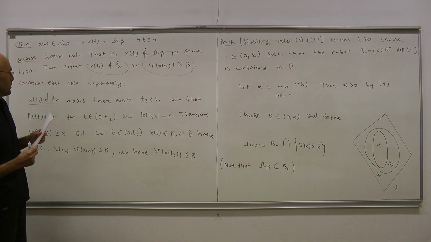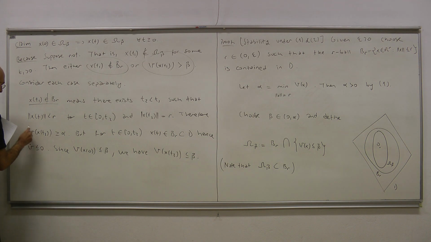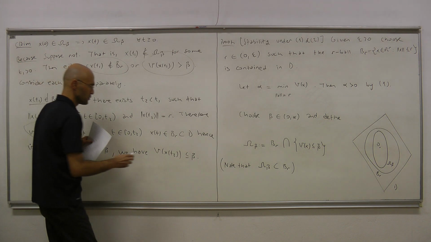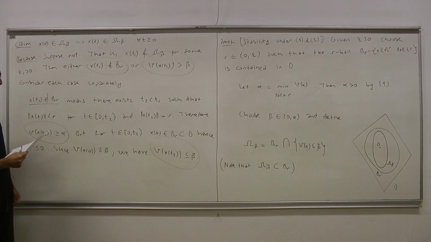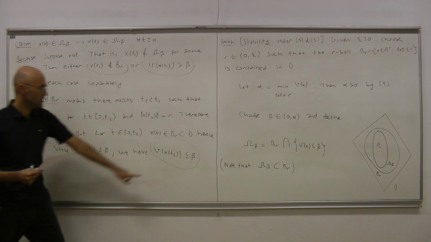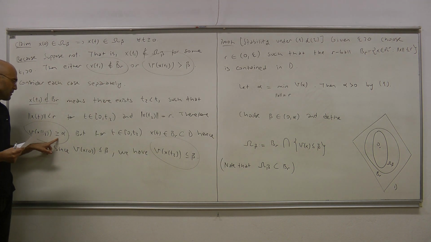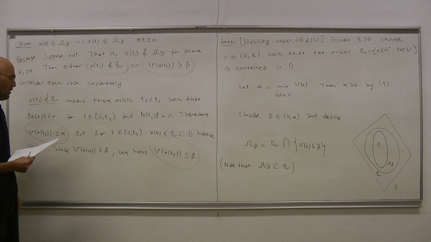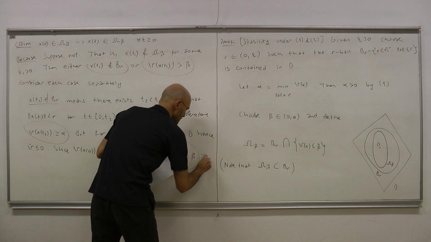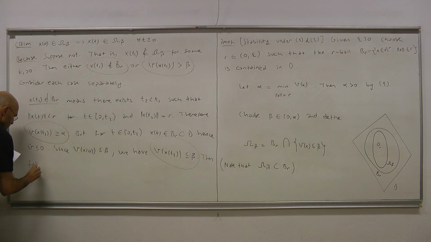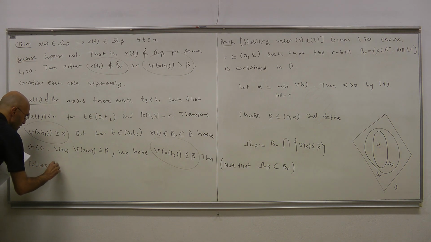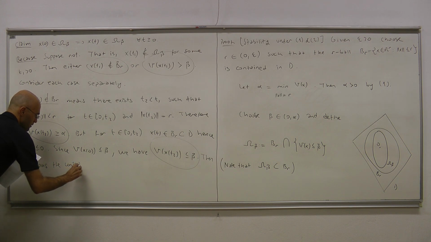Okay, so what we obtained is that V is greater than or equal to alpha, and also V is less than or equal to beta. So that means beta is greater than or equal to alpha. Then follows the contradiction.